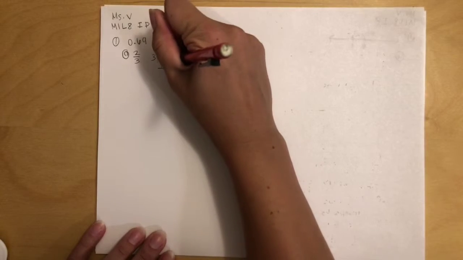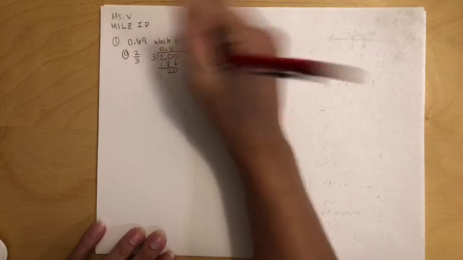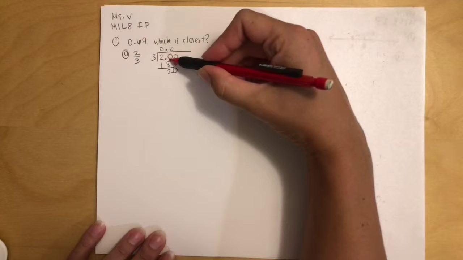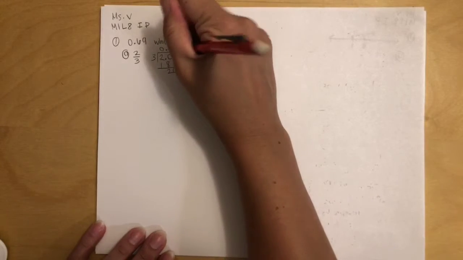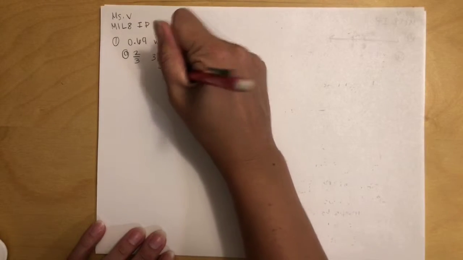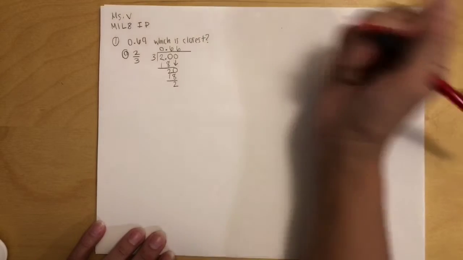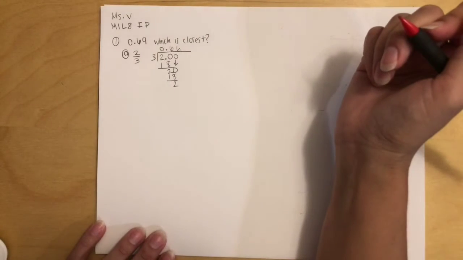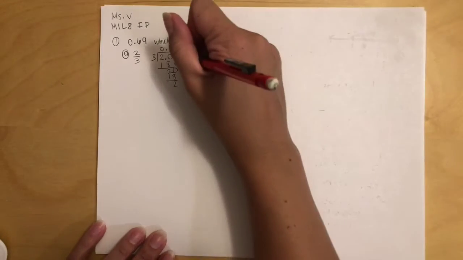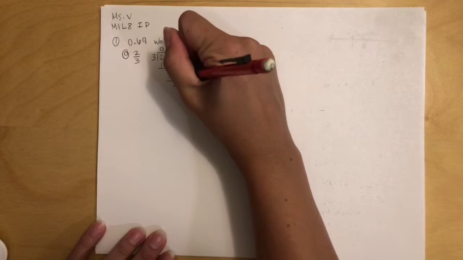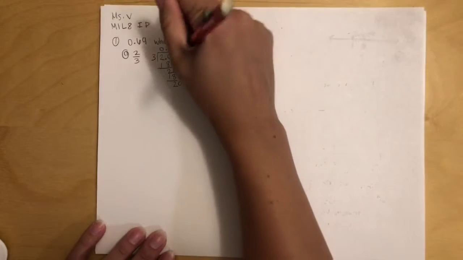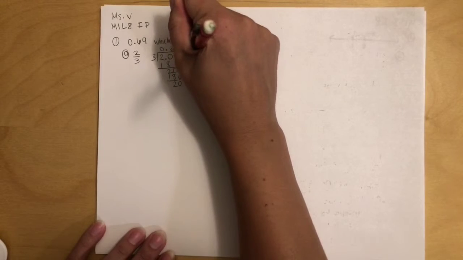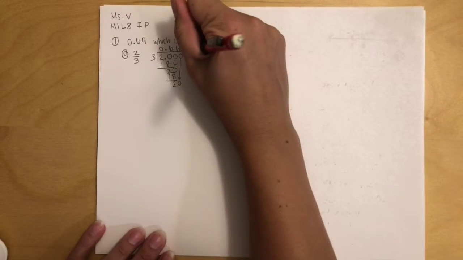Let's add a 0, bring it down, and we have our 20 again. So 6 times 3 is 18, and I get 2 again. I could keep showing you that this is going to continue, but I'm just going to add in a bunch of these 6's and say dot, dot, dot.